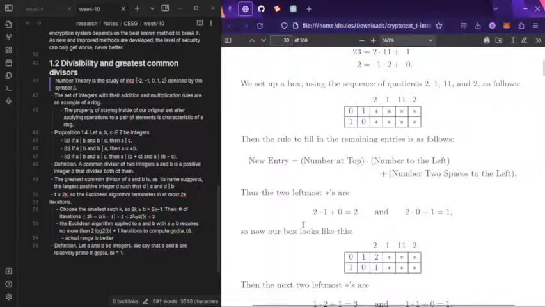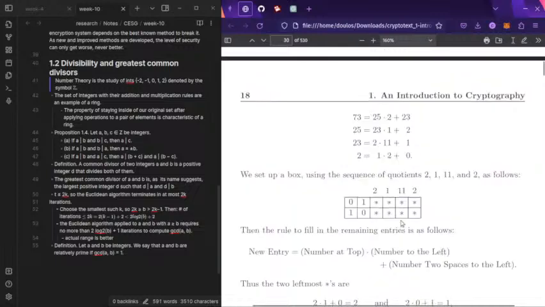And that's the 2 leftmost stars. This one's 2 because it's 2 times 1 plus 0. And this one's 1 because it's 2 times 0 plus 1.